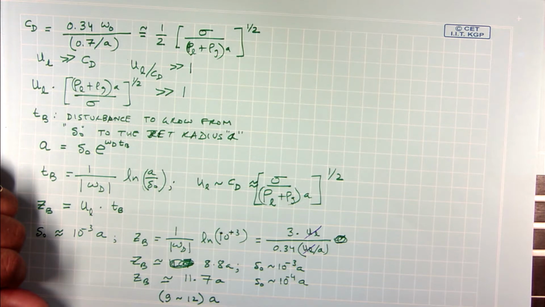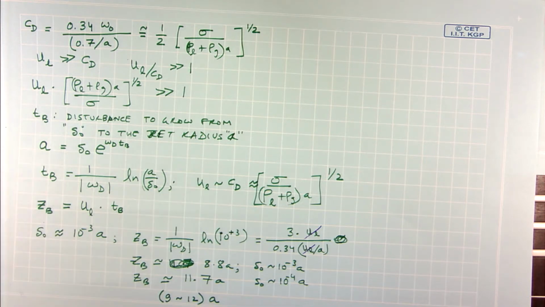Now, the other case we are going to look at is film boiling on a cylinder. We are going to apply this instability theory for cylindrical heaters. If you remember, I showed these natural convection equations yesterday, the solution.